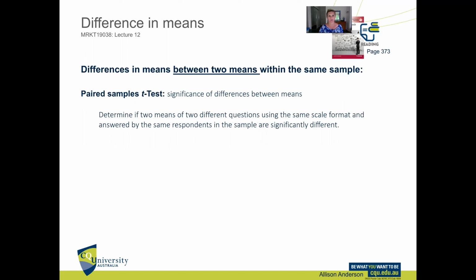I would use that to compare picture 1 and picture 2 in my sample. They were measured on the same scale, 1 to 5, and I can have a look and go, right, picture 1 has got an average of 4, and picture 2 has an average of 4.3.